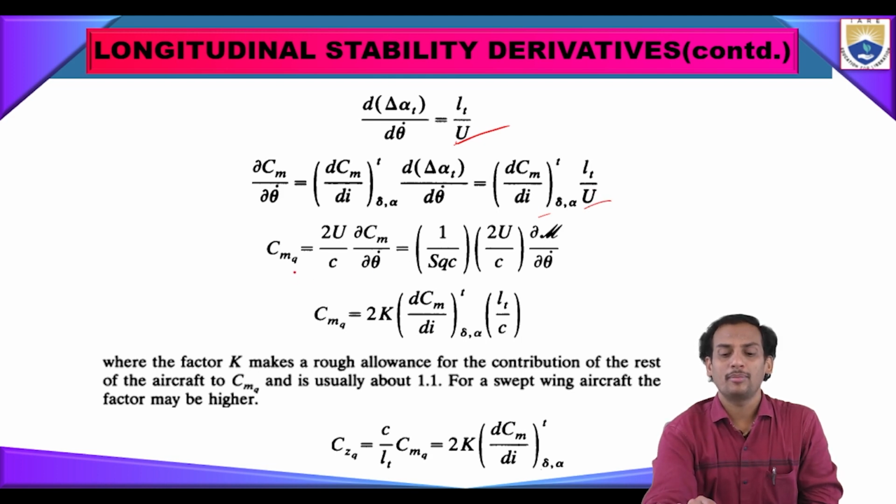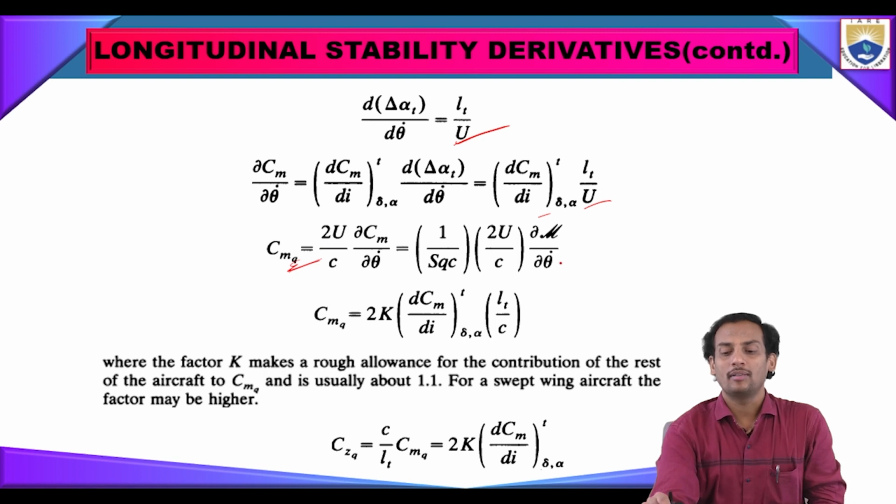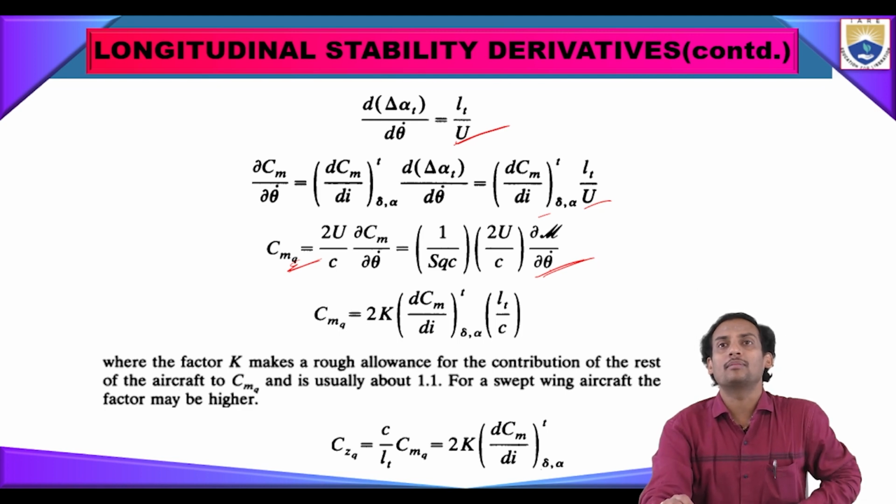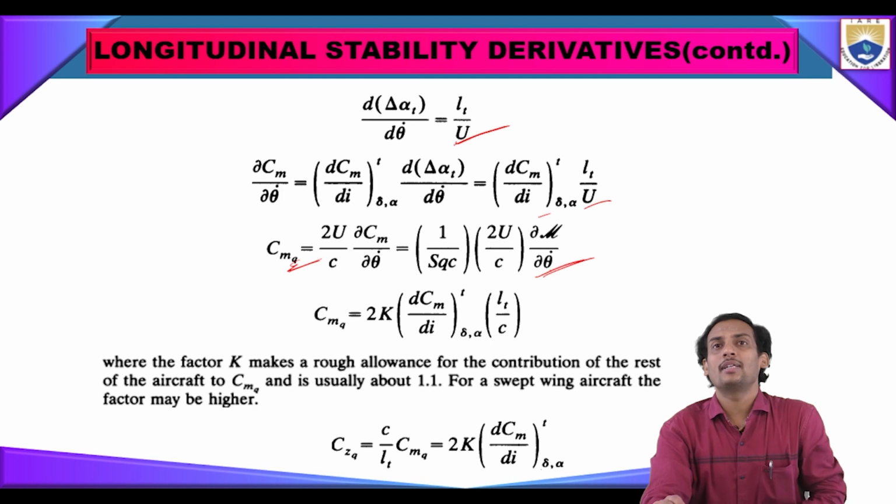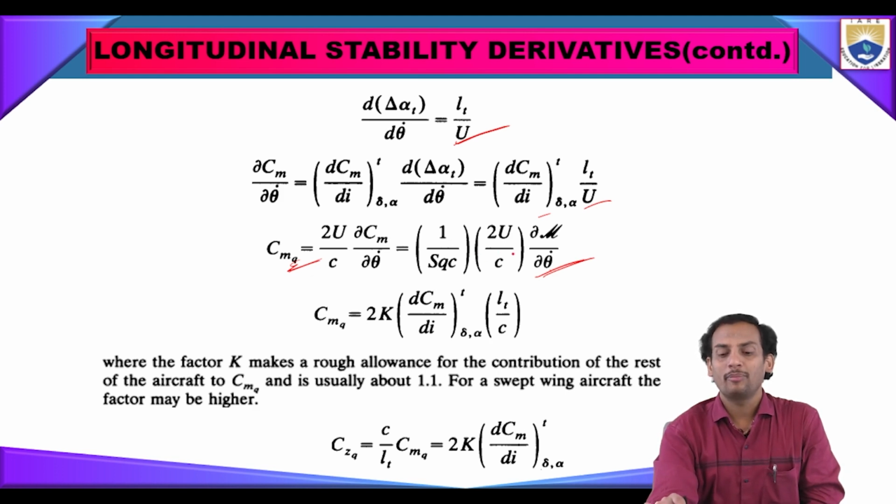So that Cmq, with respect to that q, will be like what? This Cmq expression also we have defined in terms of capital M in the previous stability derivative list that we have given. So that is 1 by SQc into 2u by c into dou capital M by dou theta dot.